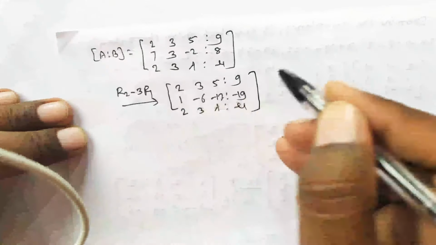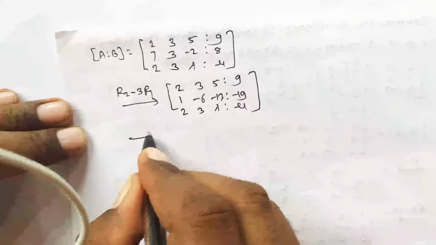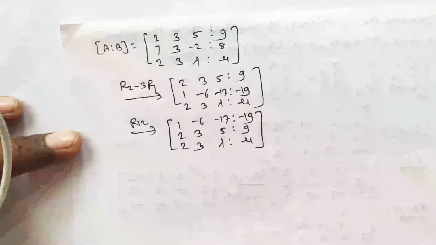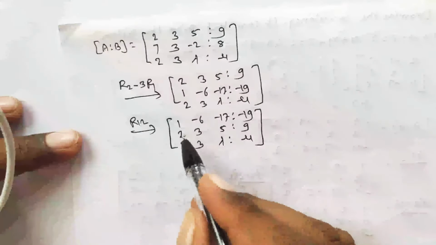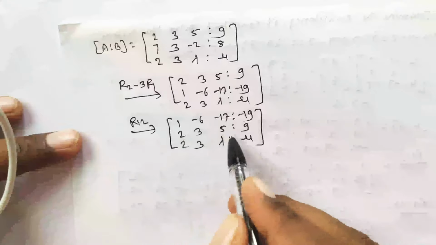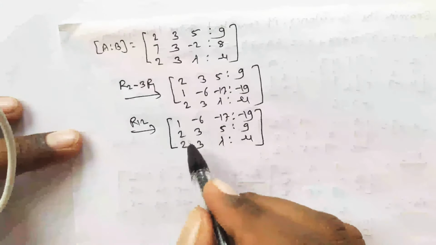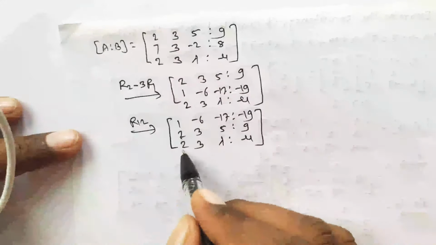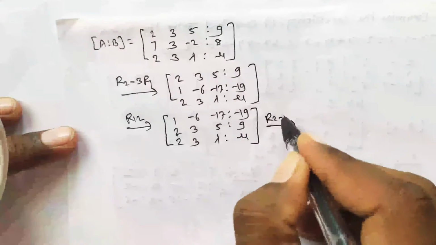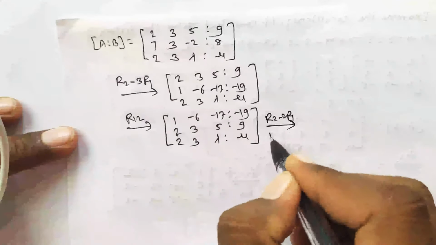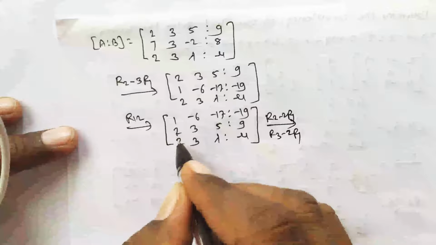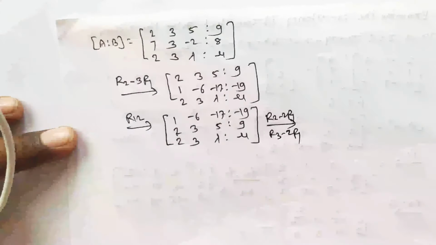Now we want the first diagonal element 1, so interchange first and second rows using the R12 operation. Instead of the second row write the first, and instead of the first row write the second, and we get this matrix. Now we have to make these elements 0. For that we use the operations R2 minus 2 times R1 and R3 minus 2 times R1, because in both rows the first term is 2.